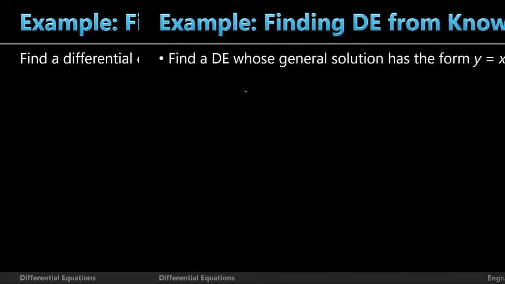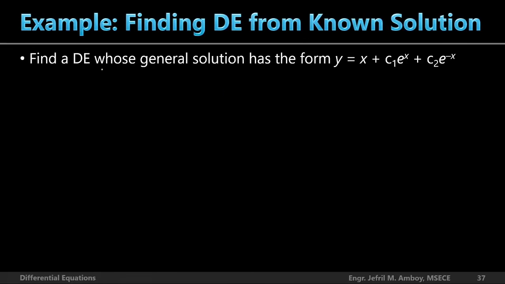Okay? Next example, find a differential equation whose general solution is the form x plus c1 e to the x plus c2 e to the negative x. So, just like the previous example, this general solution contains two arbitrary constants. That's why, to find its differential equation, we have to differentiate twice. So, let's write the first derivative. The first derivative is derivative of x with respect to x, of course, that's 1.